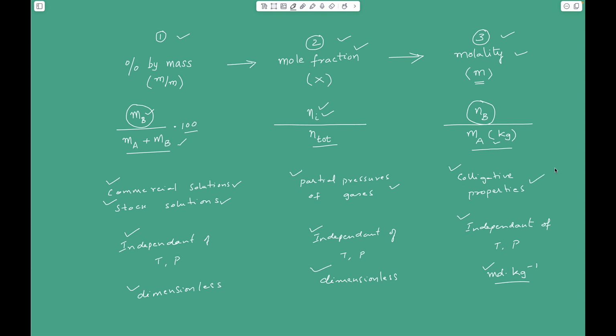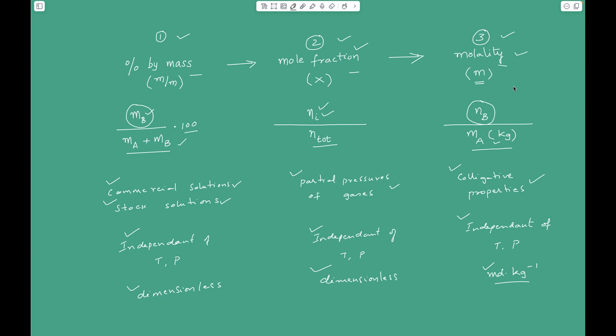Now our question obviously is, which of these three concentration terms is convenient and appropriate to express the concentrations of solutions that are prepared for carrying out chemical reactions? And the answer is none of them. None of these three concentration terms is appropriate for solutions prepared for carrying out chemical reactions.